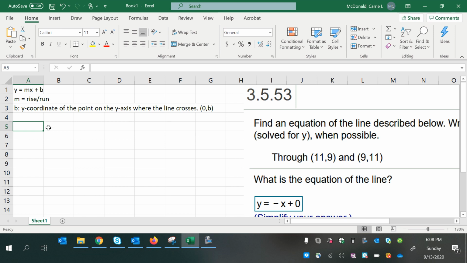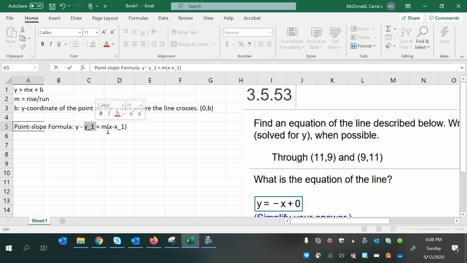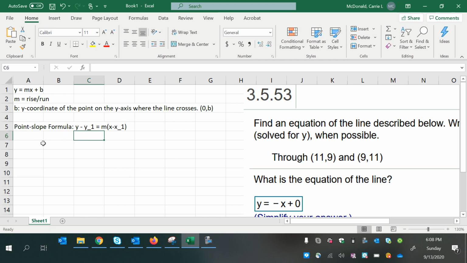So we're going to have to use another formula, which is called the point-slope formula. And that is where we have y minus y1 equals m times x minus x sub 1. So the y sub 1 and the x sub 1 just represent coordinates from any point that is not a y-intercept, even though if it was a y-intercept, this would still work.